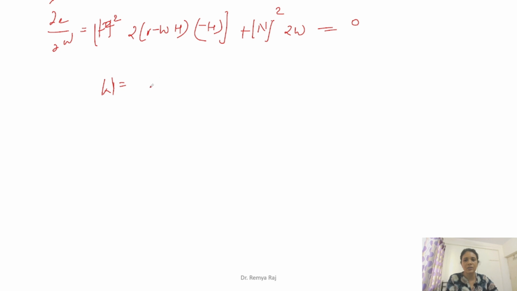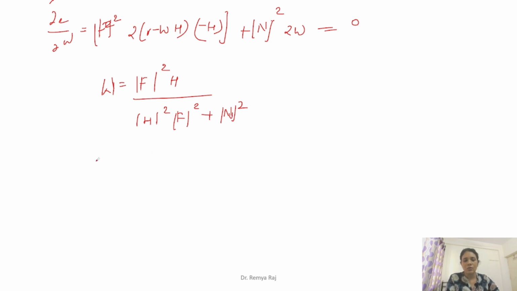So you can do the calculation, and after this you can find W, and you will be getting W is equal to f square h divided by f square into f square plus n square. It's a simple derivation only.